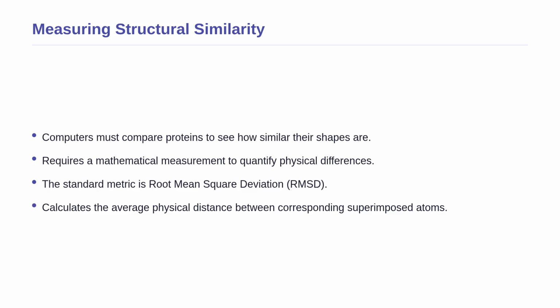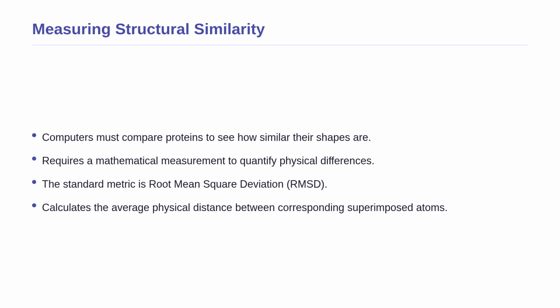Now that we see how crucial these shapes are for drug design, we need a way to analyze them quantitatively. When we use computers to study these three-dimensional structures, we often need to compare two proteins to see exactly how similar their shapes are. To do this objectively, we cannot just rely on visual inspection.